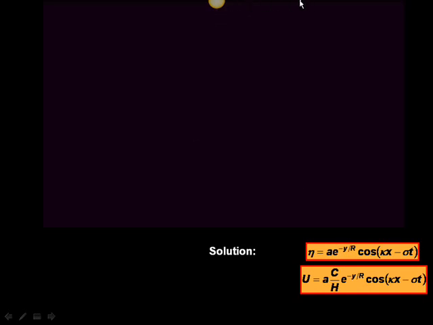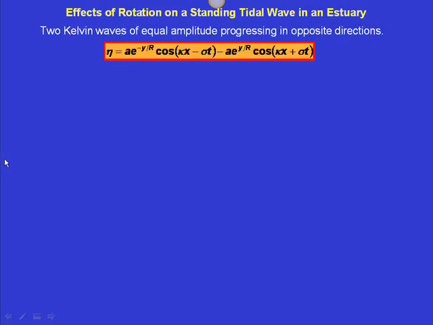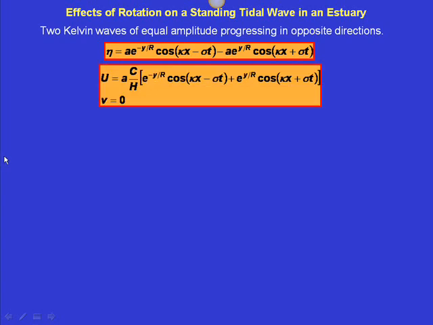So just so that it gets recorded, I'll do it here too. So we have the two waves traveling in opposite directions, and the flow will be given by the same expression. Notice that the elevation and flow are again related to c over h.